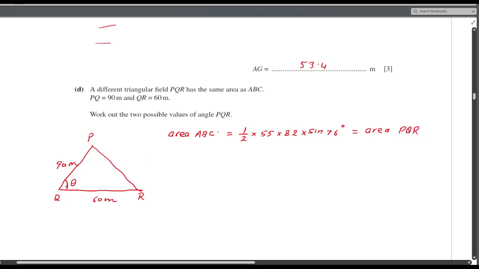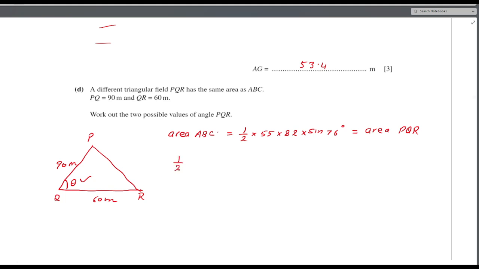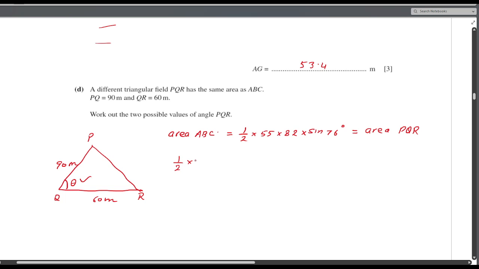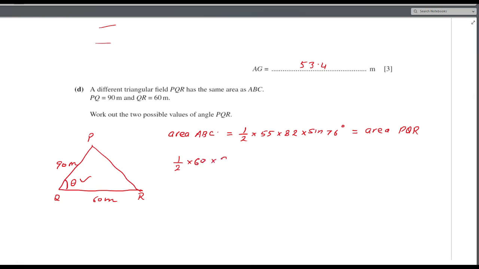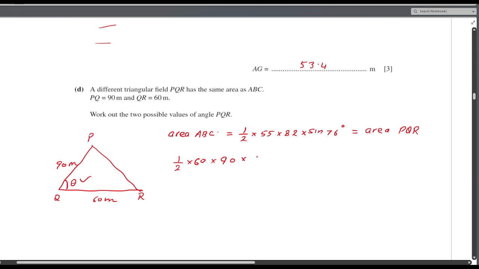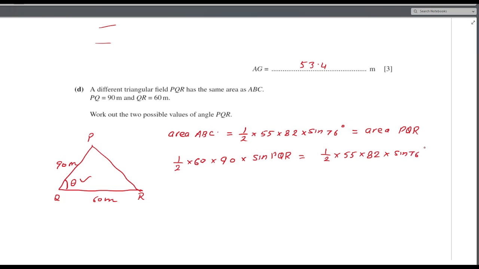Now I have to find out this angle PQR. So half of 60 into 90 into sine of PQR will be equal to half into 55 into 82 into sine 76.